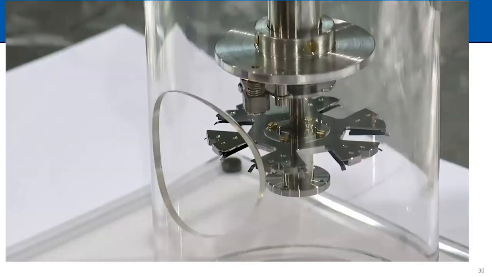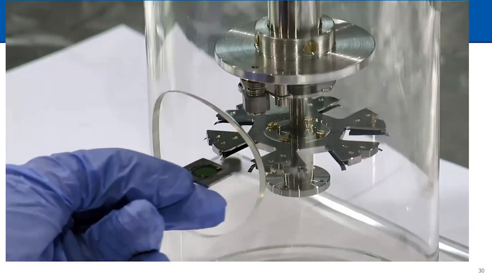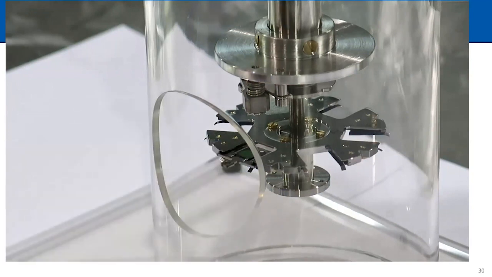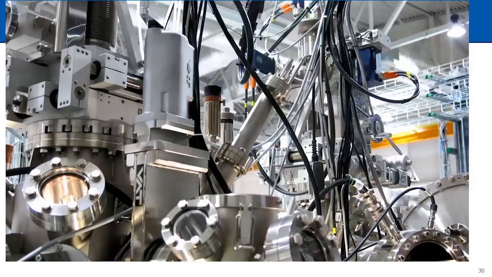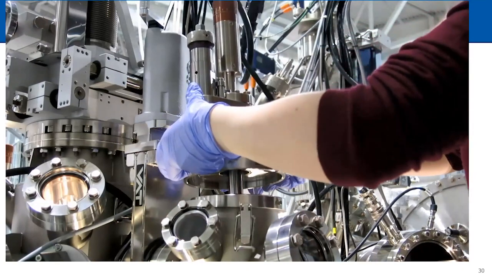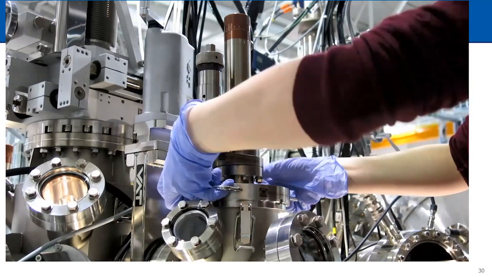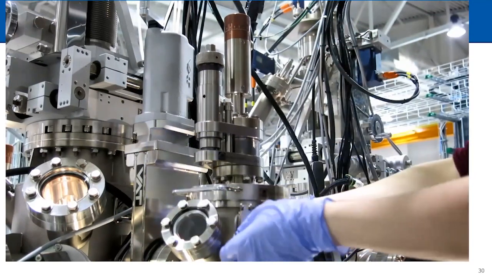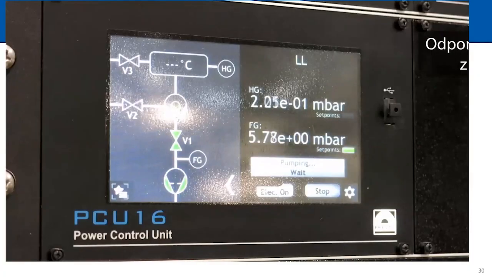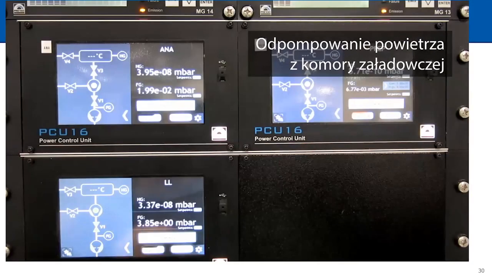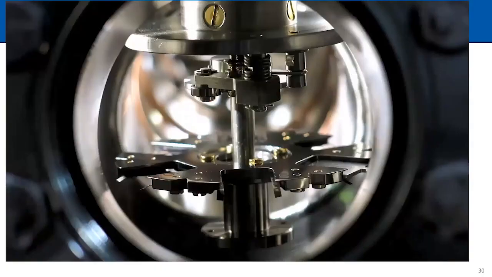It is our cursor, and here we can put the sample on the Omicron holder with the hole, and put the sample into the load lock. And next, of course, we can pump. It is automatic.